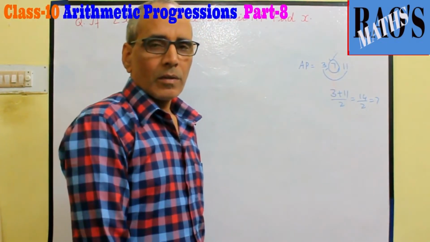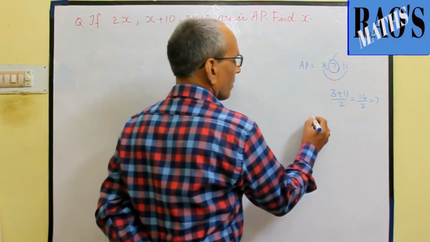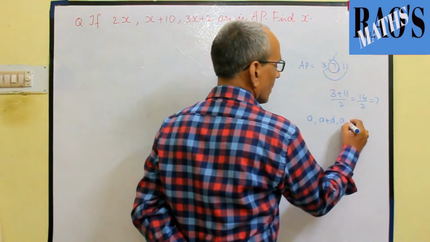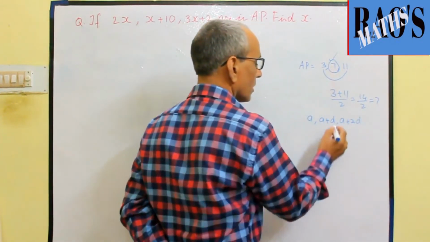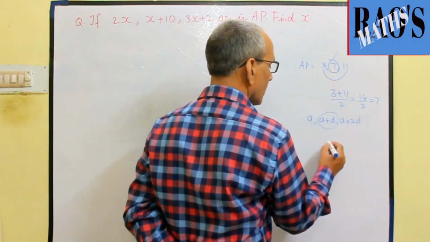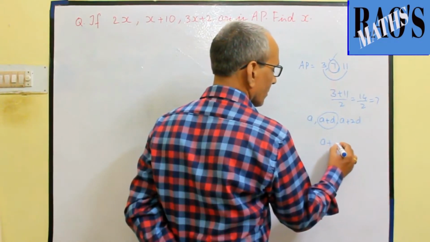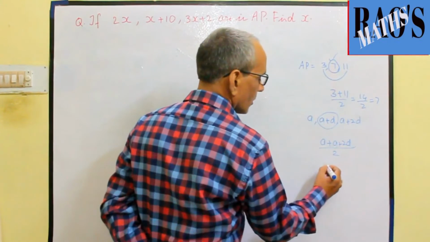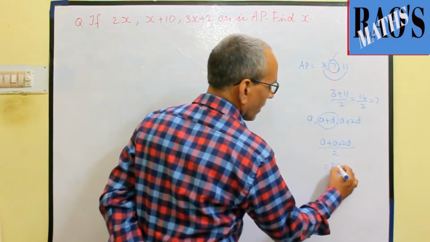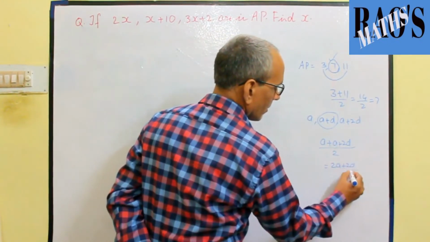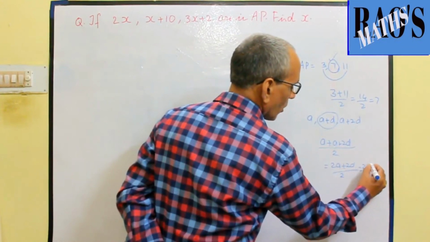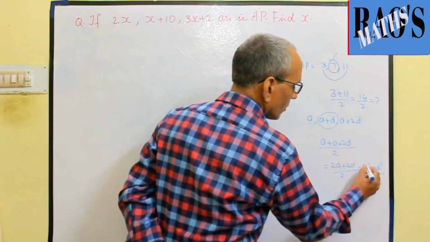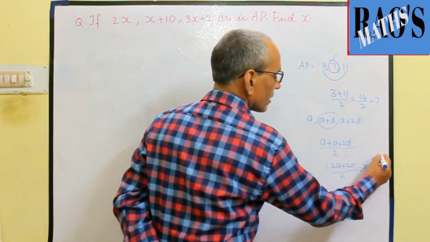So if the terms are A plus D, A plus 2D, A plus 3D, the middle is the mean of the other two, that is 2A plus 4D by 2, that is A plus 2D. So we get the middle term always.